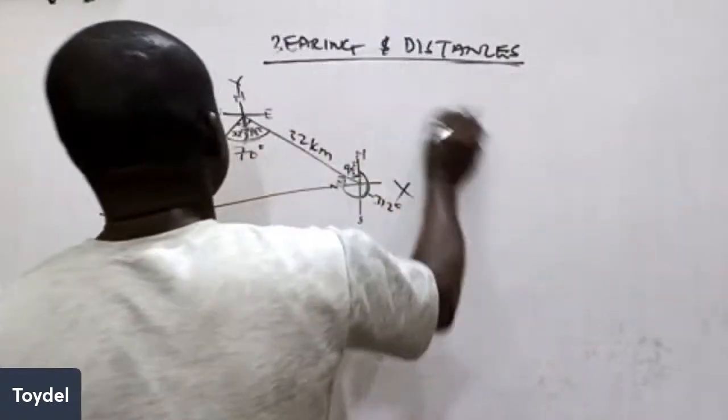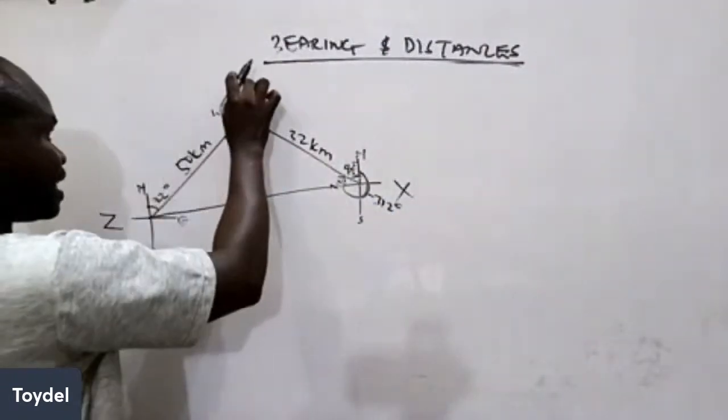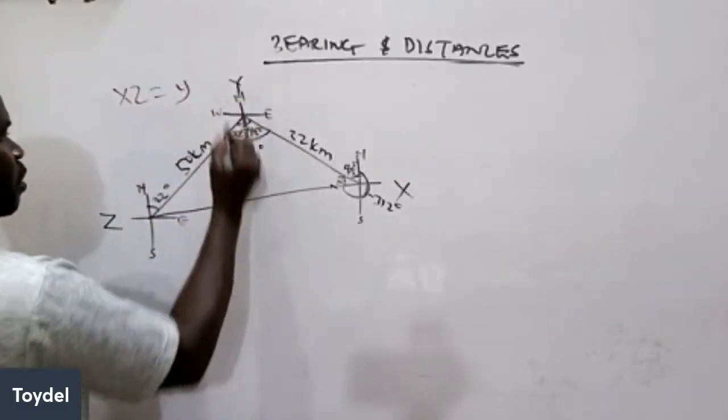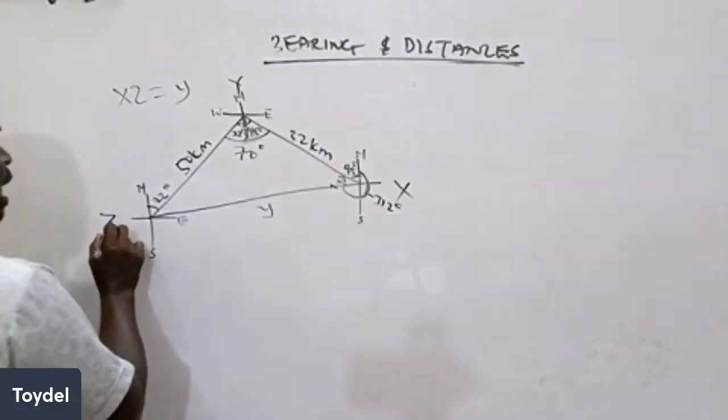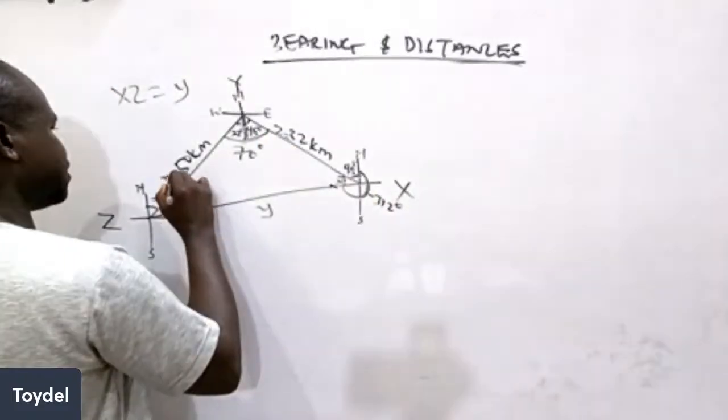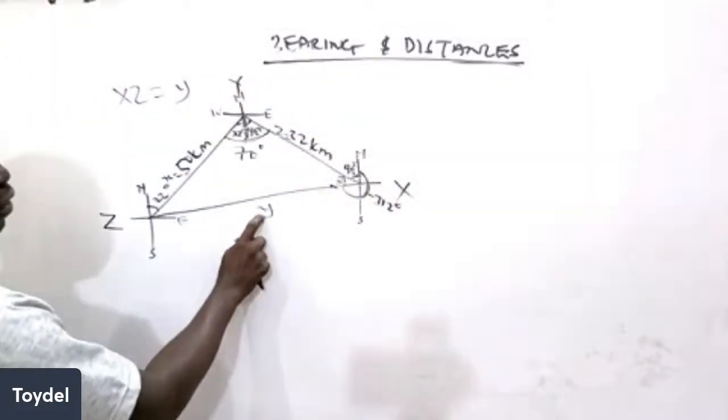And if I do that, in this case, this side xz that we're looking for, let me call it small y. Z here, this 32, will be small z, and x will be 50. So we are looking for small y.